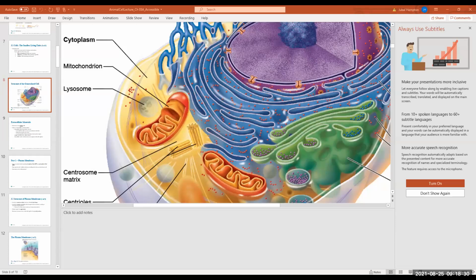So lysosomes are full of enzymes. These break down substances that the cell consumes. There's multiples of them in any cell. If we had more of them at death, if our cells had like 10 times what they have now, there would be no body left to bury.